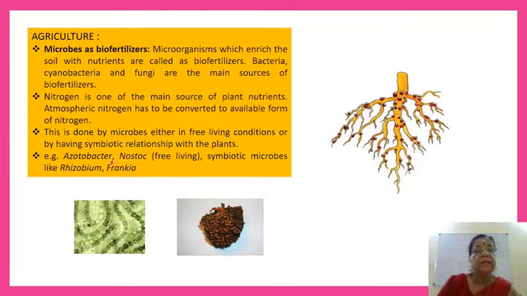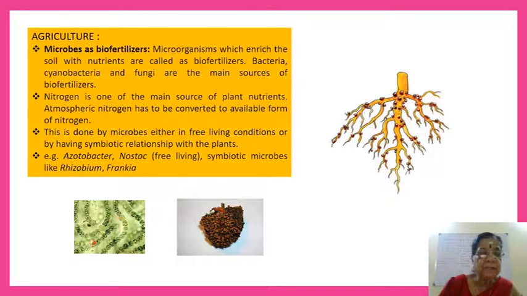As an example, Nostoc is a blue green algae. Actually it was considered a green algae, but now they are included under blue green algae. They are free living. They are not a parasite or saprophyte. In this figure, look at all these green structures.